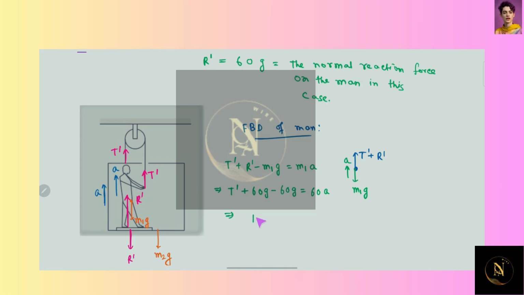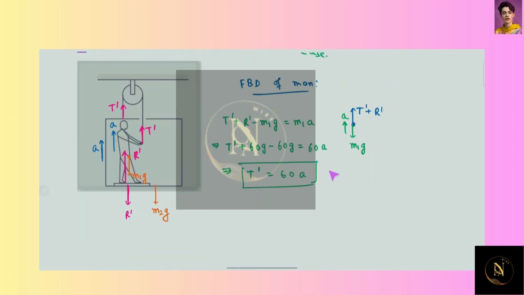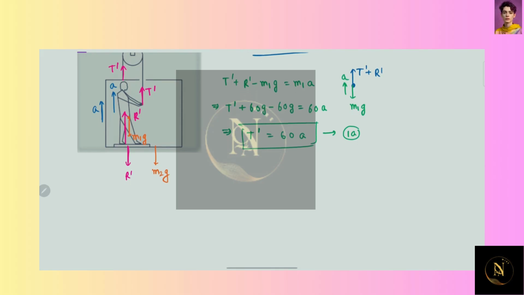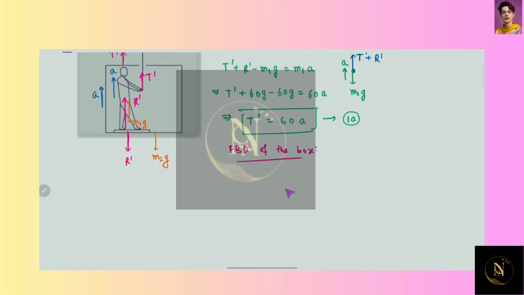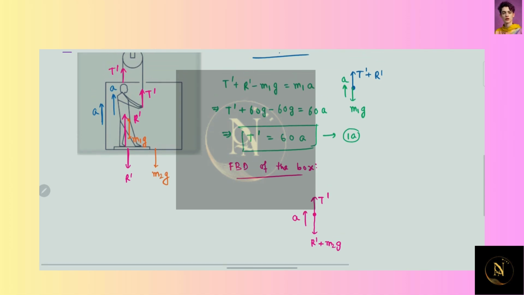By drawing the FBD of the box, the net force on the box in the upward direction is T prime, in the downward direction it is R prime plus m2g, and the box is moving upward with an acceleration of a. So by applying Newton's second law again in the upward direction, we write T prime minus R prime minus m2g is equal to m2 times a.